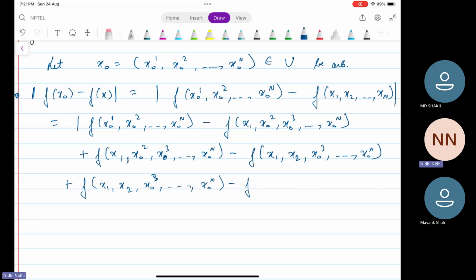In this case, I'll take all other components the same except the third term. And so on.